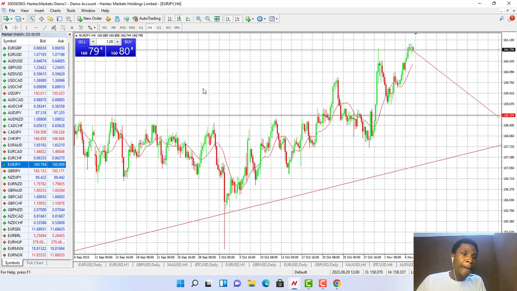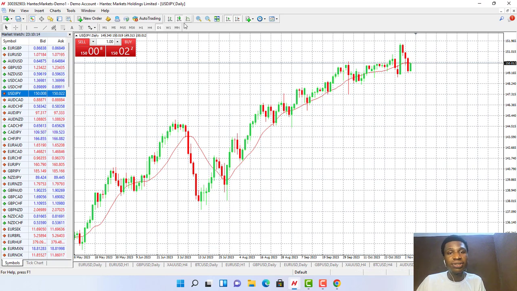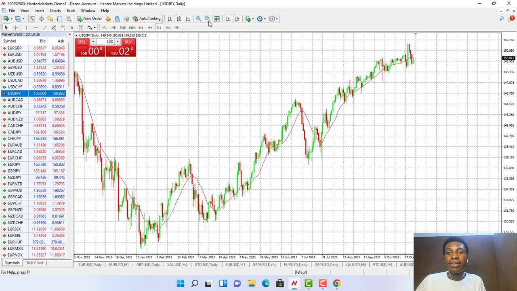All right, so not only the Euro JPY, I still see it better to check for the USD JPY for those of us that trade the USD JPY. Right, so USD JPY is a buying market. You can see it has been an uptrend. It has been on the high side, buying, a good bullish run.